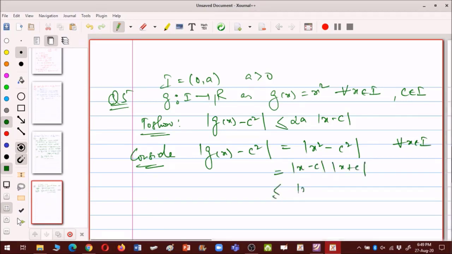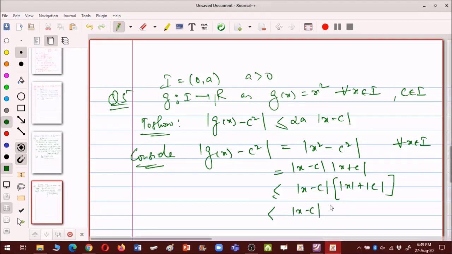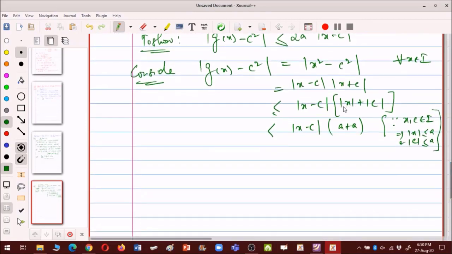This is less than or equal to |x − c|(a + a), since x, c belong to I implies |x| ≤ a and |c| ≤ a. So both are less than or equal to a, so we are replacing |x| by a and |c| by a. So this is equal to 2a times |x − c|.